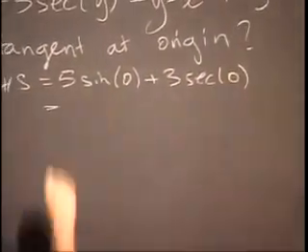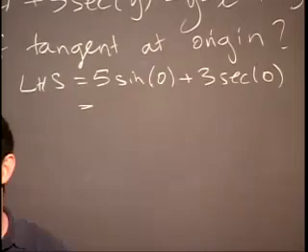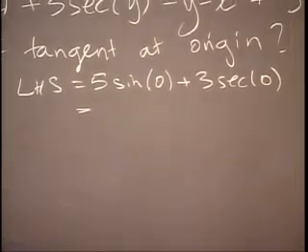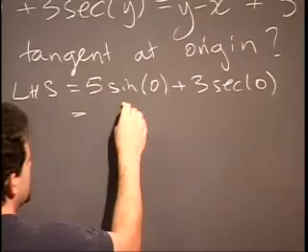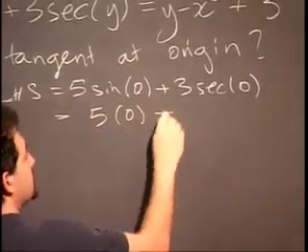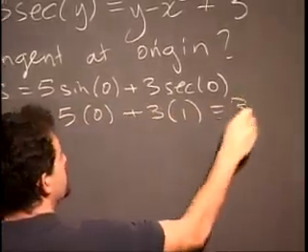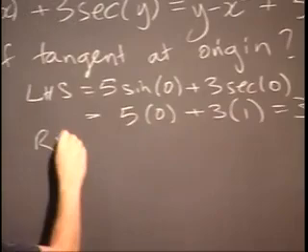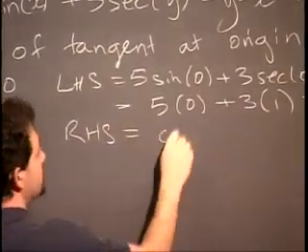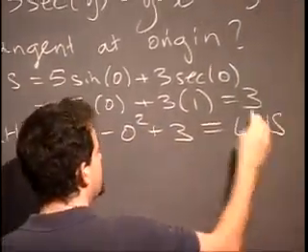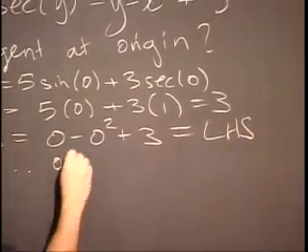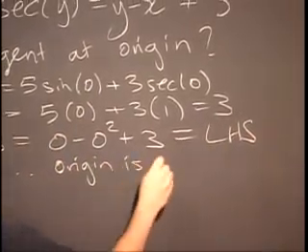Of course, sine 0 is 0, secant 0 is 1. How do I know that? Because cosine of 0 is 1, and secant is just the reciprocal. So this is 5 times 0, plus 3 times 1, which equals 3. And clearly the right-hand side is 0 minus 0 squared plus 3, which equals the left-hand side. Therefore, the origin is on the curve.